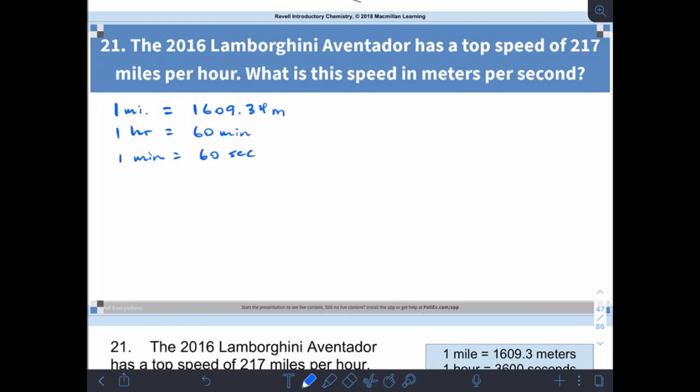Okay, so remember, we can write all of these as fractions.